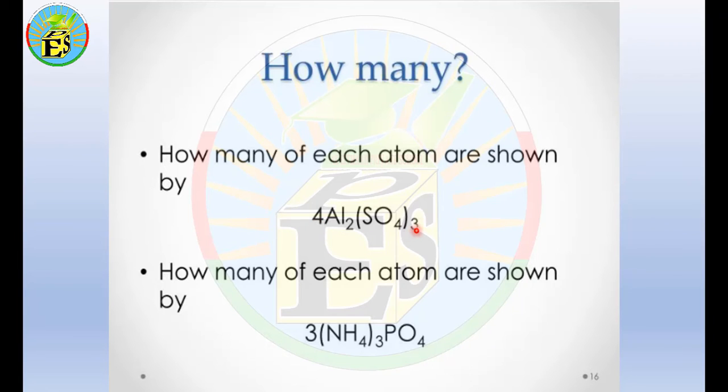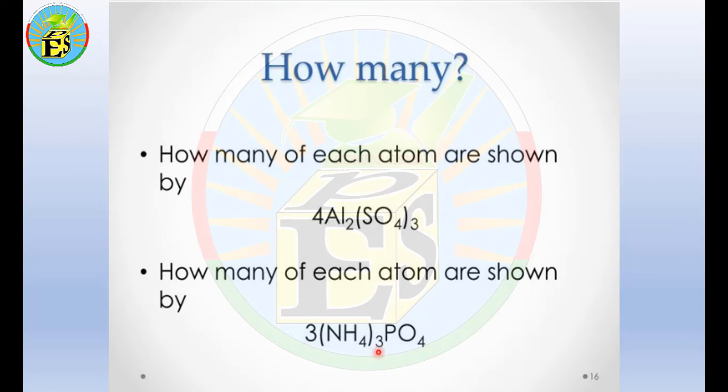So I multiply 3 by 4 by 4, and 3 multiplied by 1 equals 3. 3 multiplied by 4 equals 12. I have 12 sulfur atoms. How many of each atom are shown by this? The same, this is a coefficient.